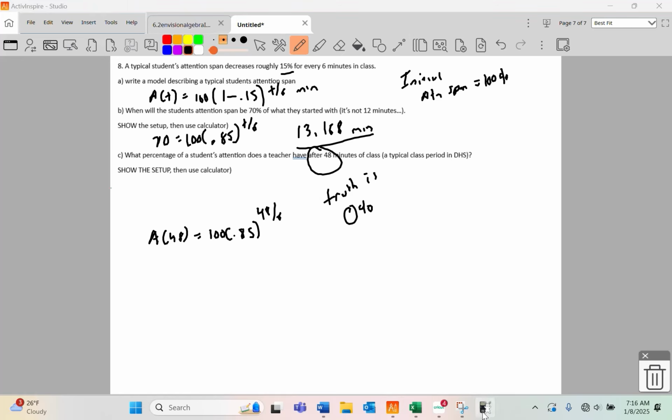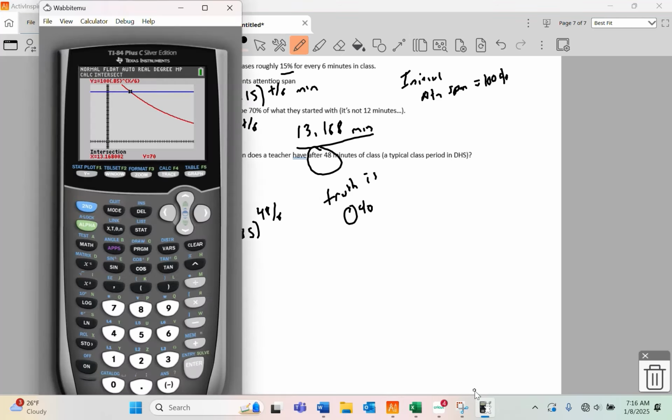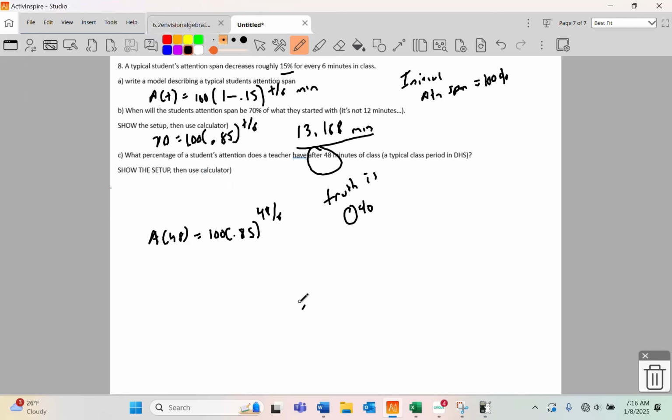But let's just push buttons and let's assume you don't know what 48 over 6 is, because God bless you, you don't. I have 27.25% of your attention span. And that is very optimistic.